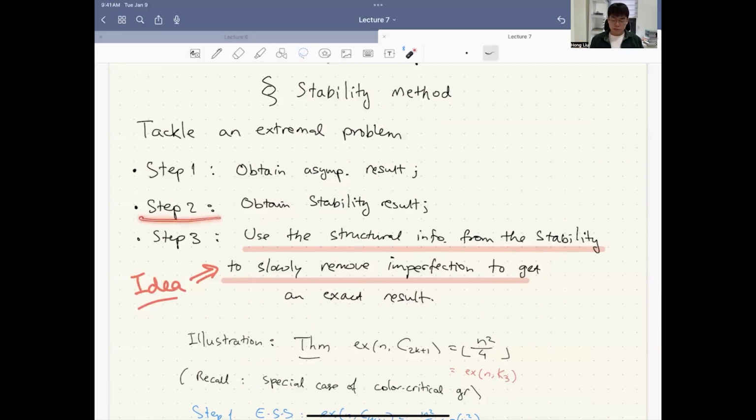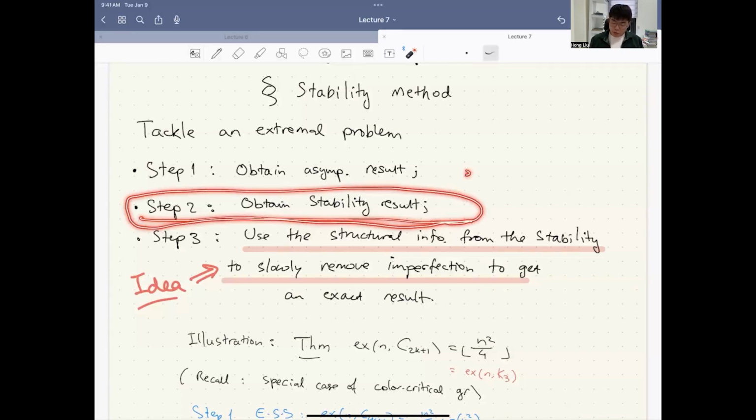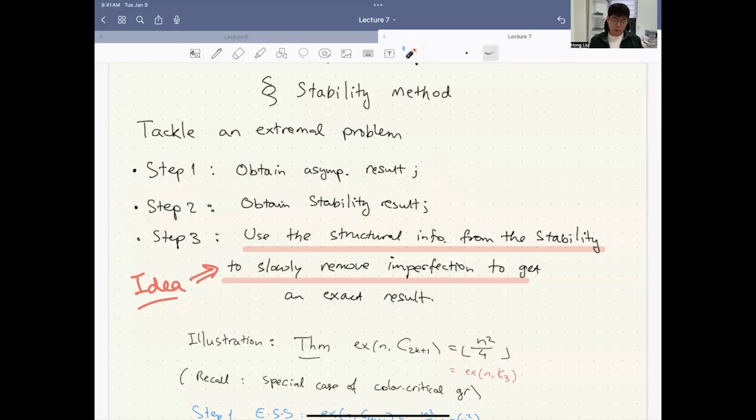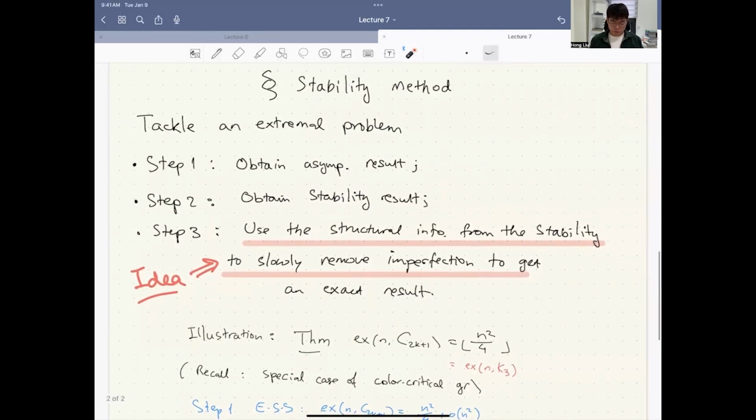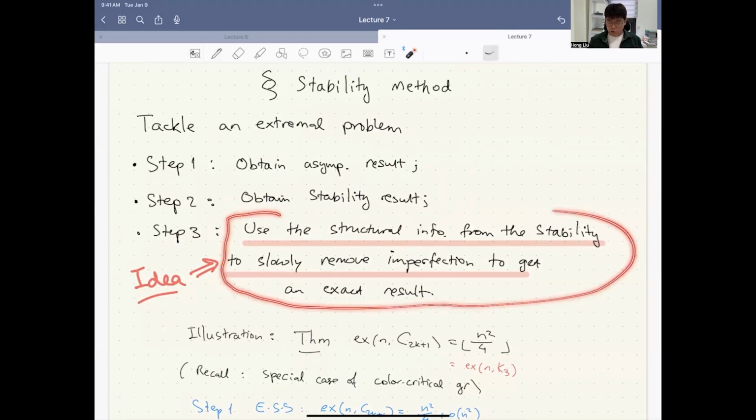And then as a second step, we probably can analyze our way of proving asymptotic results and squeeze out stability type results. Then the key part of this stability approach is to use the structural information we obtained from stability to slowly remove imperfection to get exact results.